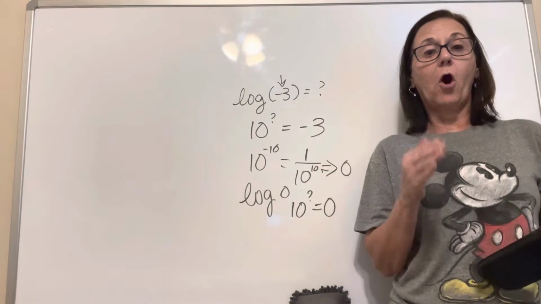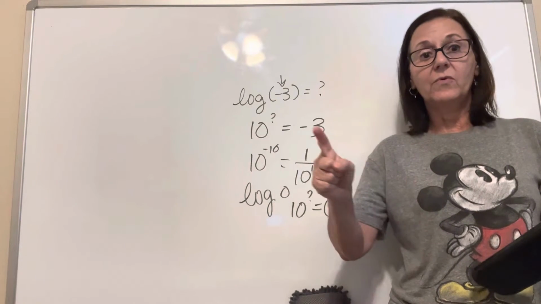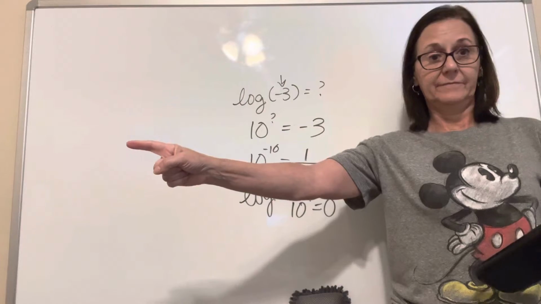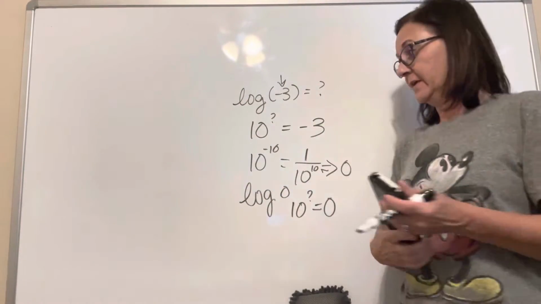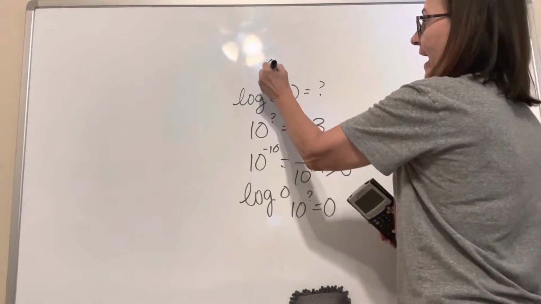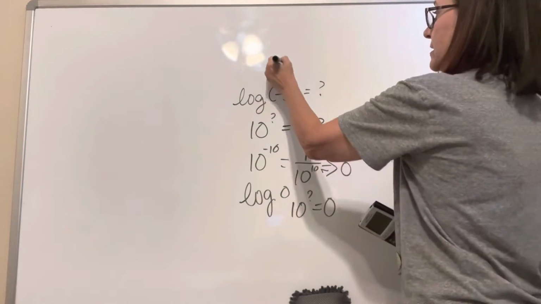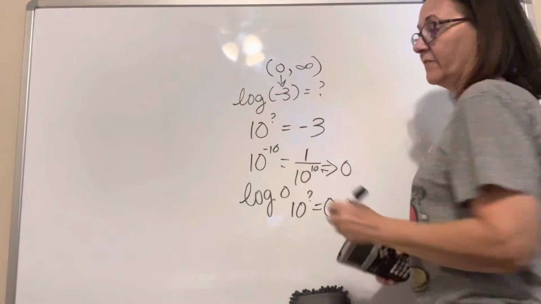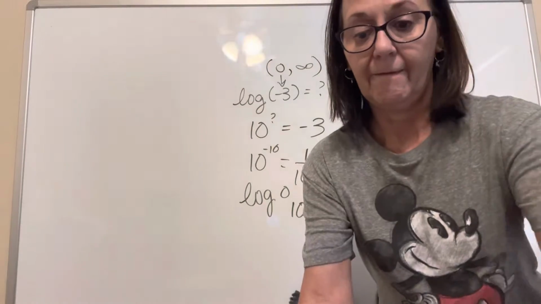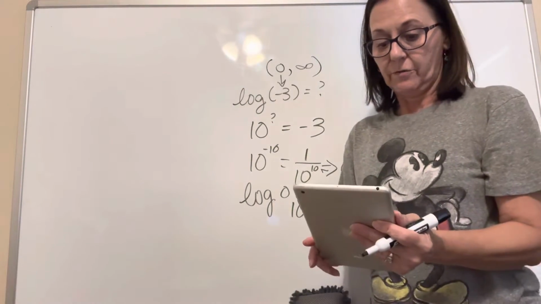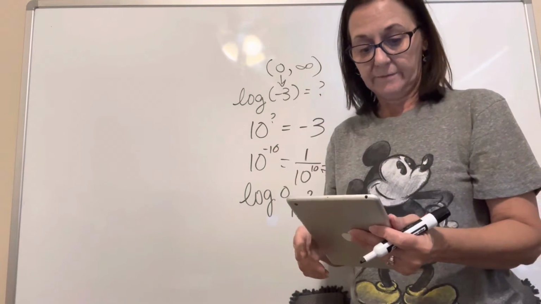So your argument will never be 0 to -infinity. Your argument has to be, not including 0, 0 to positive infinity. All right? So D is undefined.